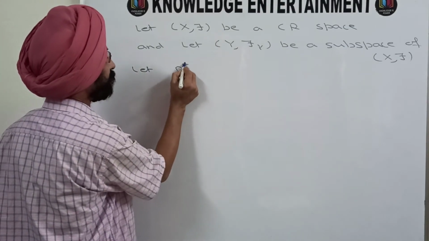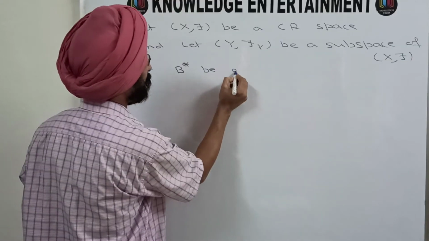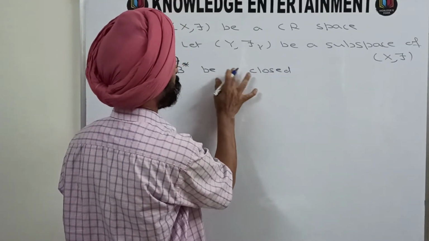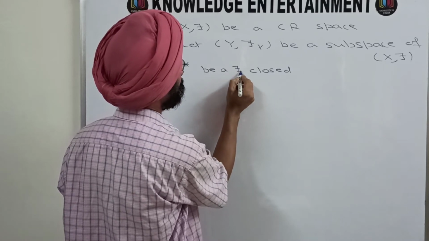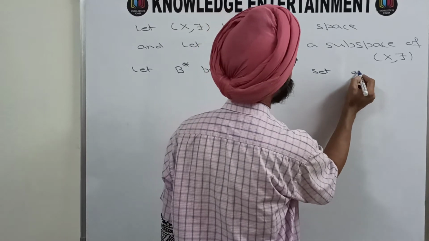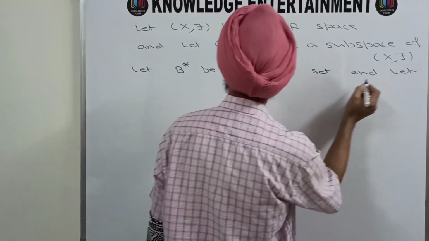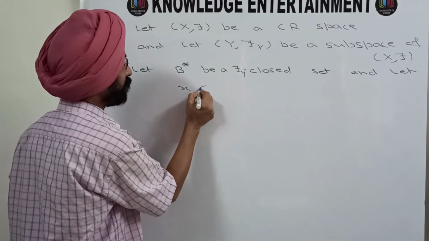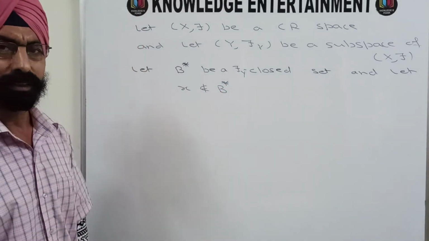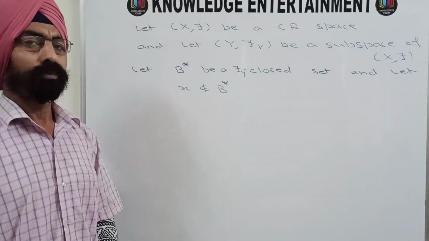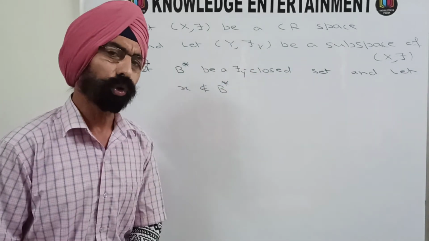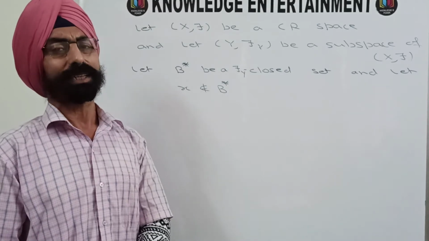So let B star be a tau Y closed set, and let x be a point not belonging to B star. One thing you must note is that B star is a tau Y closed set. How are tau Y closed sets constructed?